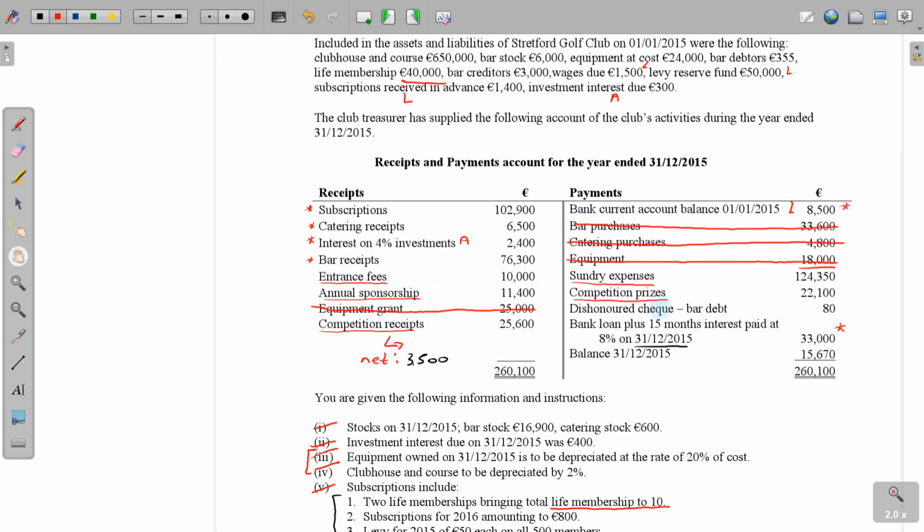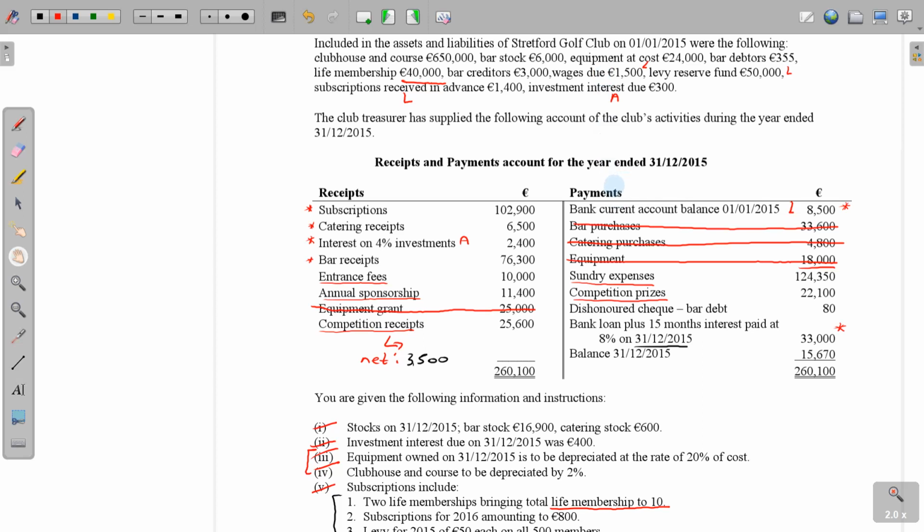So if we have sundry expenses, which is just like miscellaneous or normal expenditure, it's a big heading where we could have any kind of amount of expenditure going on throughout the club. So if we've paid 124,350, but we know that wages due from last year was 1,500. Well, part of that sundry expense is wages due.